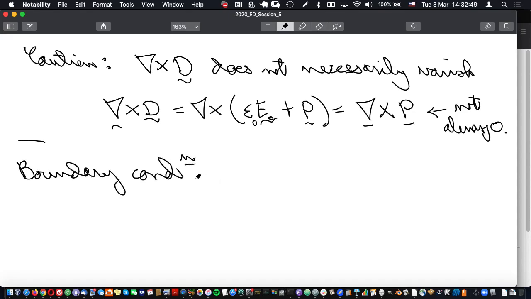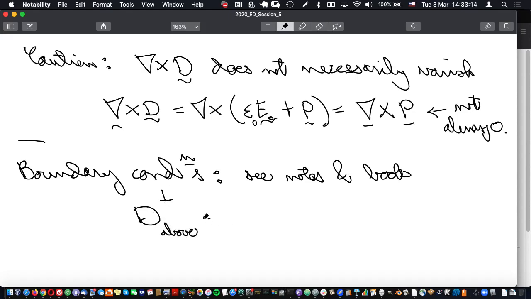As usual in electrostatics, what we're doing really is solving Poisson's equation or a Poisson-like equation in the presence of boundary conditions. So see notes, and especially the book that has the explanation. The boundary conditions that you have, if you have a surface and you do the perpendicular above, look just like the conditions that we had before.